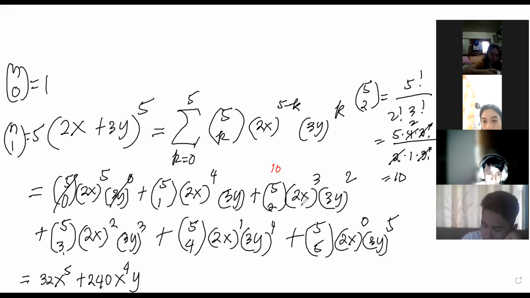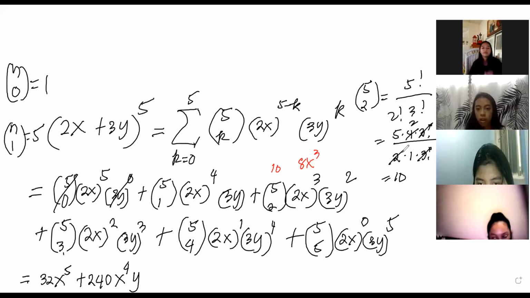So here, what is 2x raised to the power of 3? That is just 8x cubed. Very good. How about 3y quantity squared? 9y squared. So what you will be doing next is you multiply 10, 8, and 9.